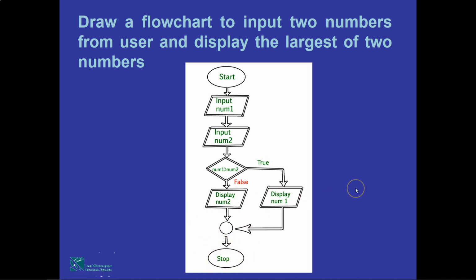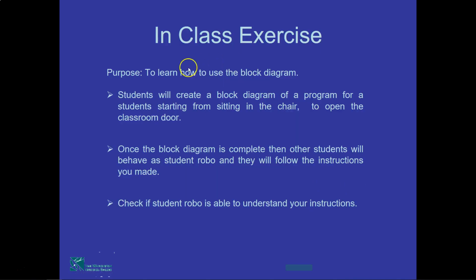Now let's move on to the next slide. This is an in-class exercise, and the purpose of this exercise is to learn how to use the flowchart or the block diagram. The students will create a block diagram or a flowchart of a program for a student going from sitting in the chair to opening the classroom door.